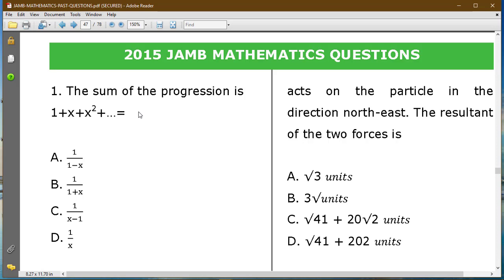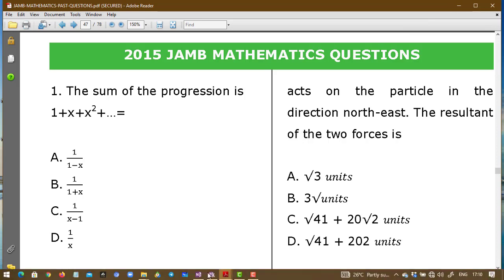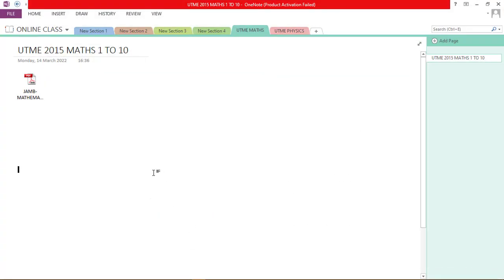What this means is that we should find the sum of that progression.